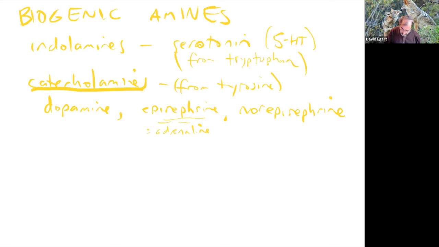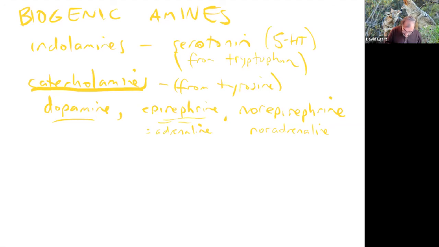Another word for norepinephrine is noradrenaline. Dopamine is the one that's found in a lot of these reward circuits. It also gets implicated in a lot of addiction, where these reward circuits get derailed towards behaviors that aren't as helpful.